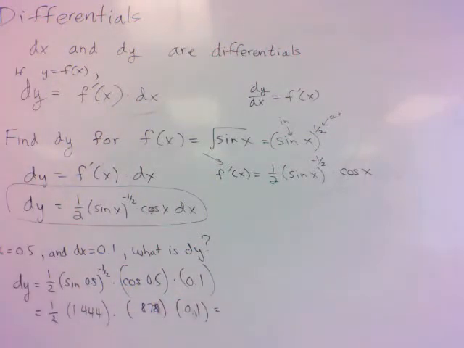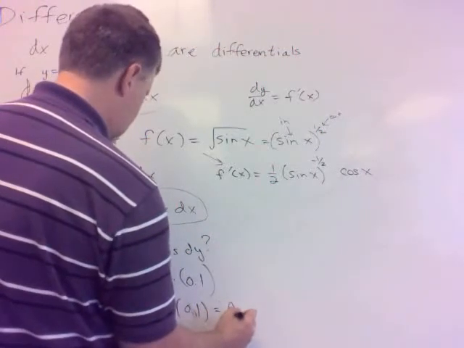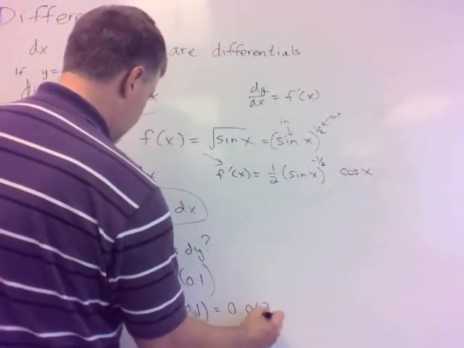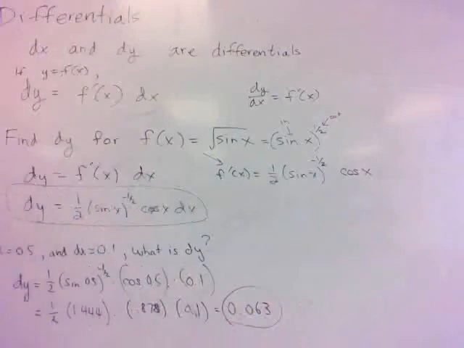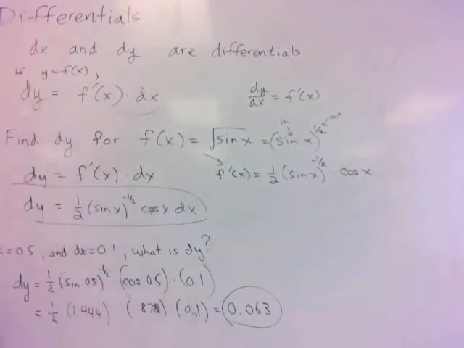So all that together, 1/2 times 1.444 times 0.878 times 0.1, 0.0063, something like that. Okay. So really, dy and dx are just numbers. Now, here's what those mean. Is that okay? Did anybody else get this? Just to make sure I did that right. We'll go with it.